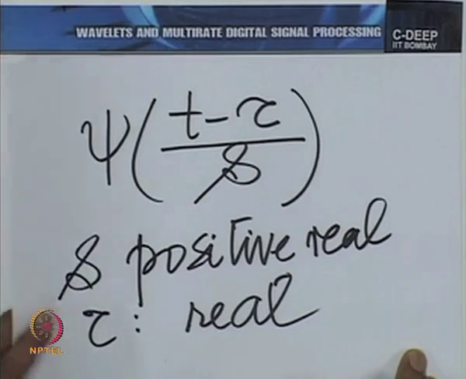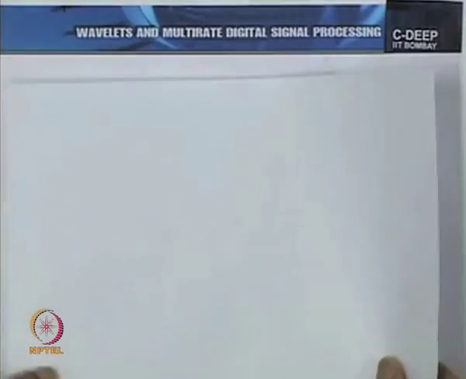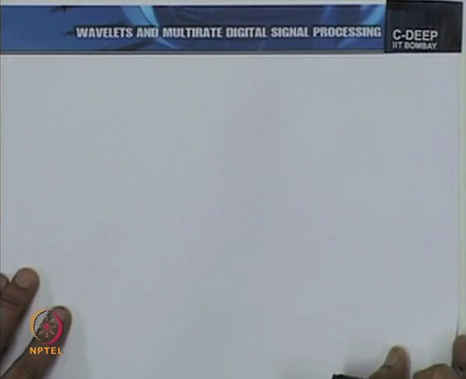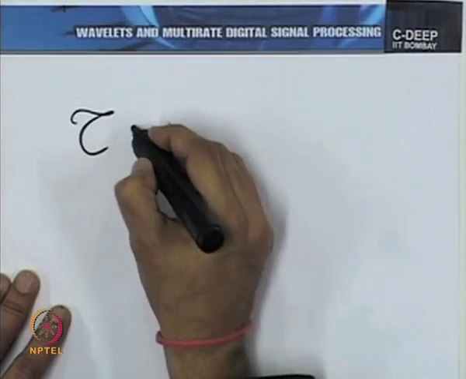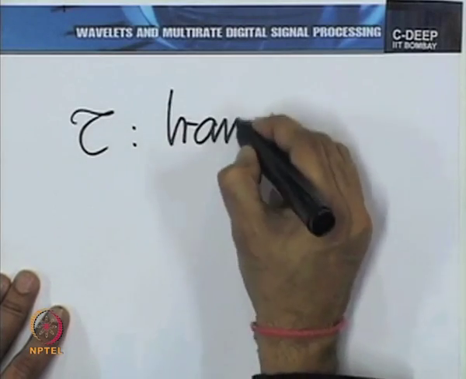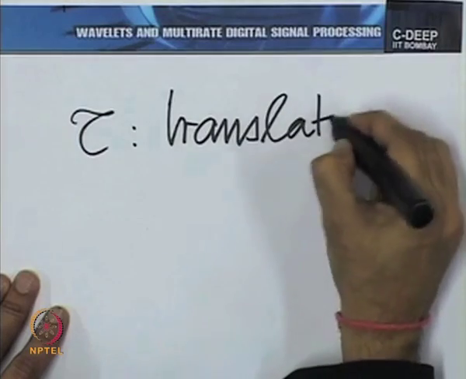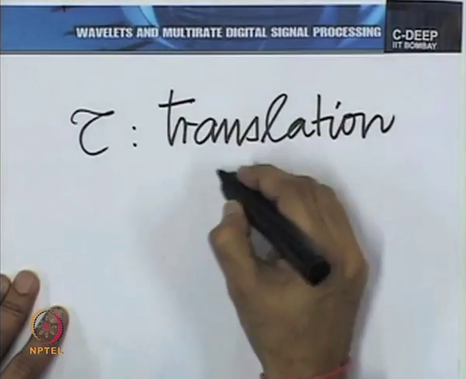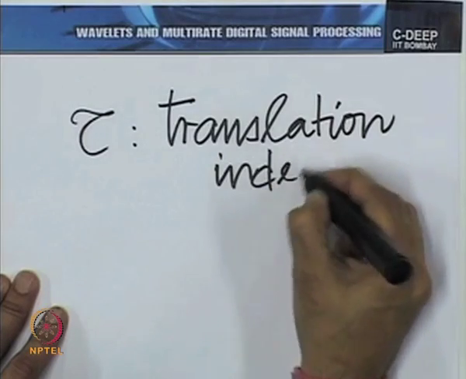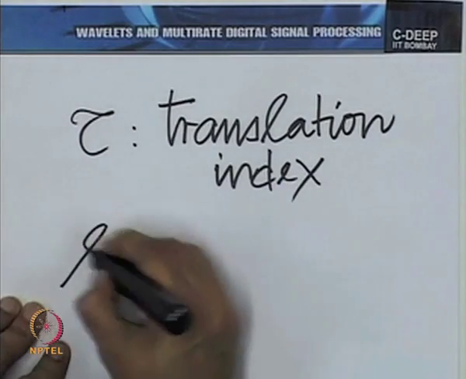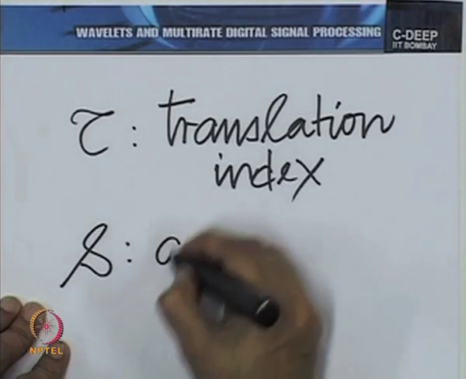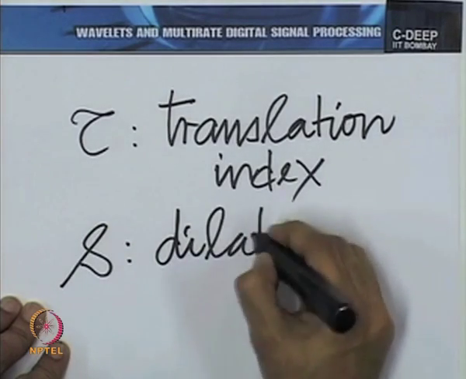Then what we are doing in effect is dilating and translating. So, now we introduce those terms. Tau is called a translation index or translation variable, and s is called a dilation index or dilation variable.